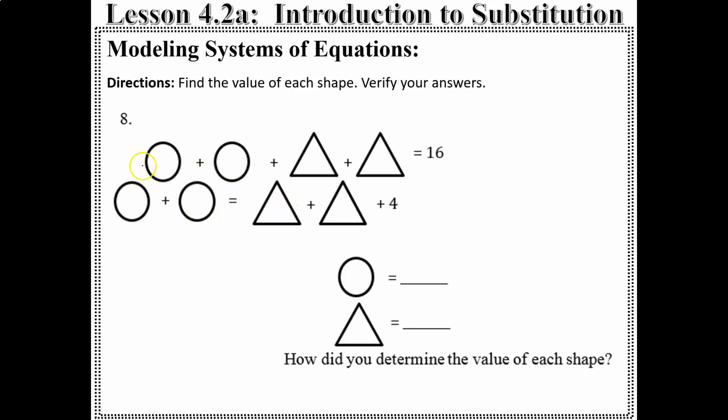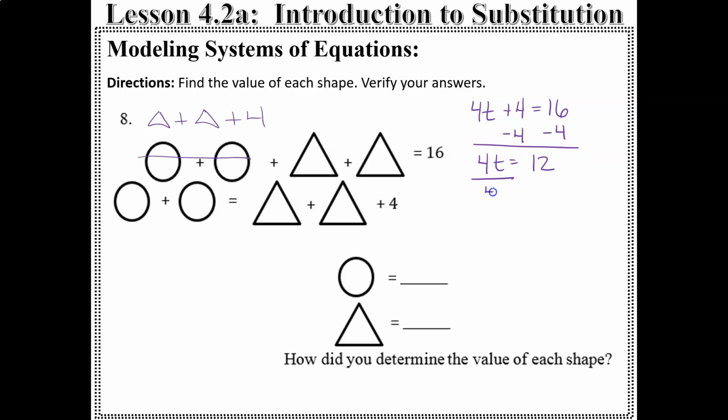So it says 2 circles are equal to a triangle plus a triangle plus 4. So now I have 4 triangles plus 4 equals 16. I'm going to subtract 4. So 4t equals 12. And when I clear out the 4 by dividing, the value of a triangle is 3.